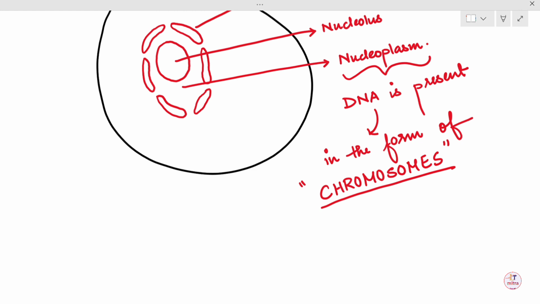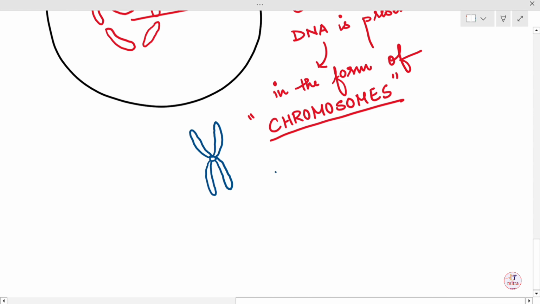The structure of the chromosomes is like this. Fine. So these are the structures of the chromosomes.